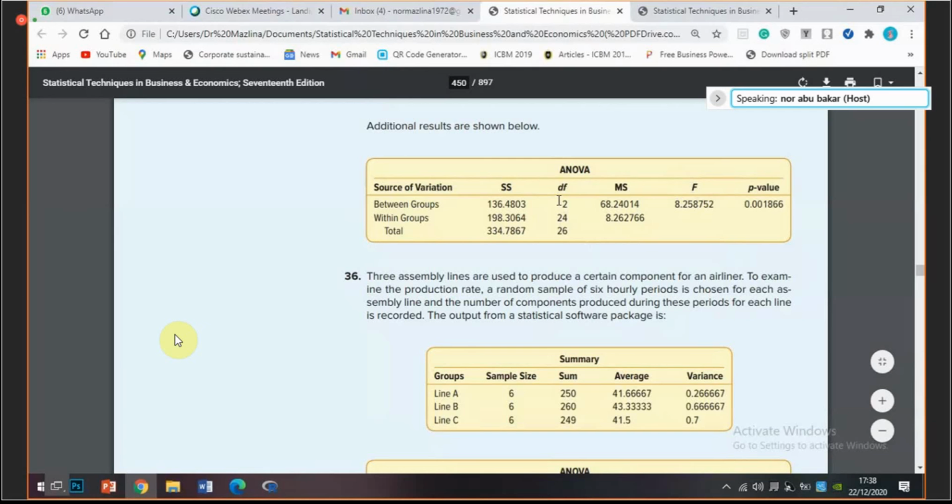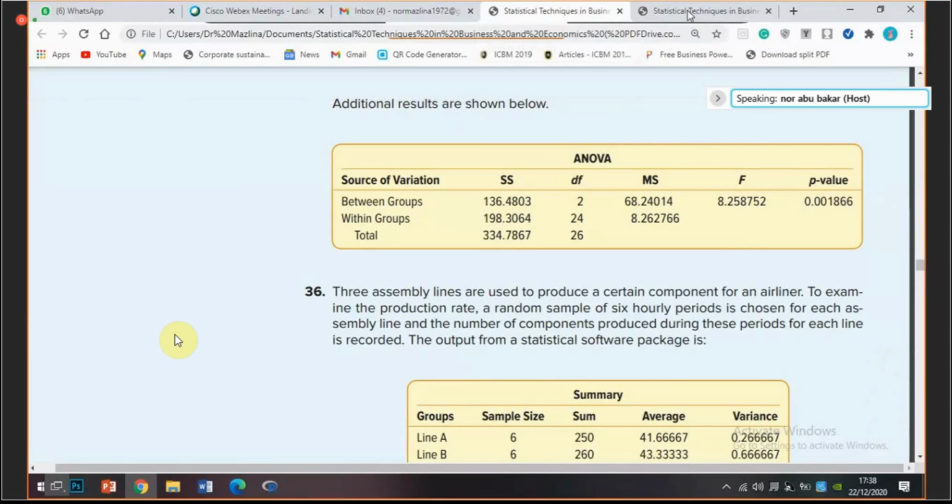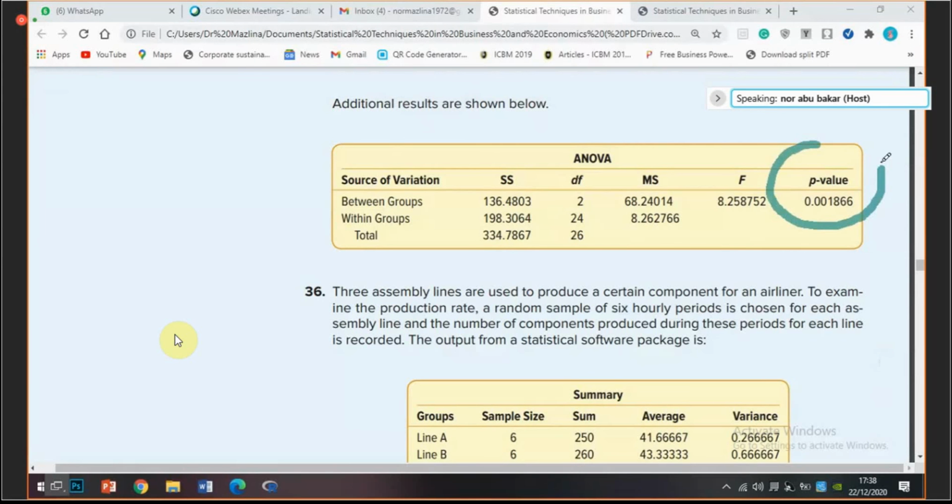Jadi macam saya sebut tadi, some of you akan cari the critical value from your F distribution, but it is much easier if you use the P value on how to decide whether you want to reject or do not reject H naught.